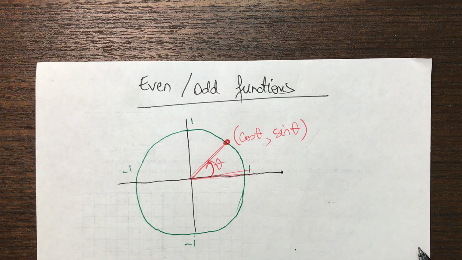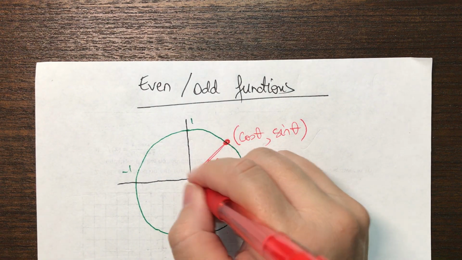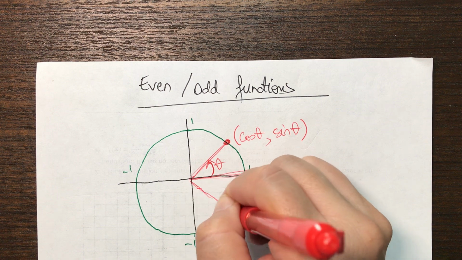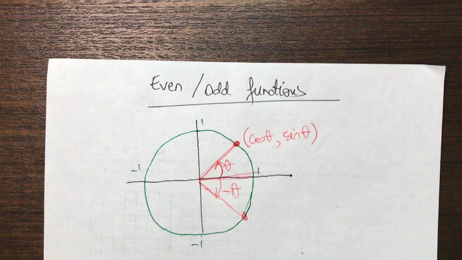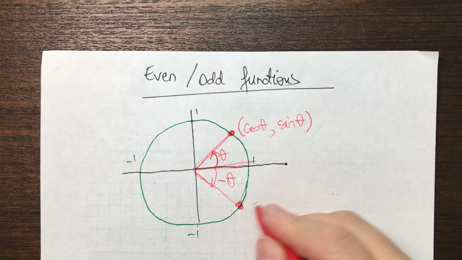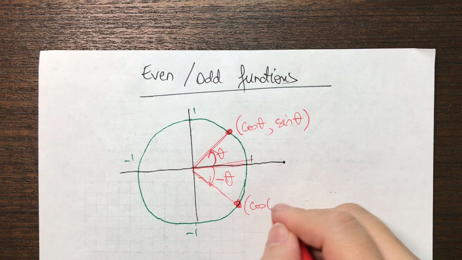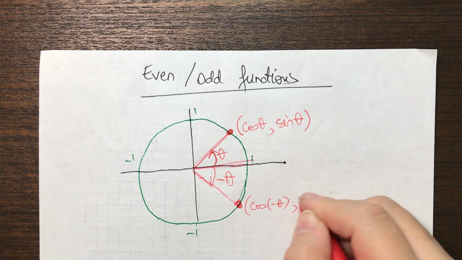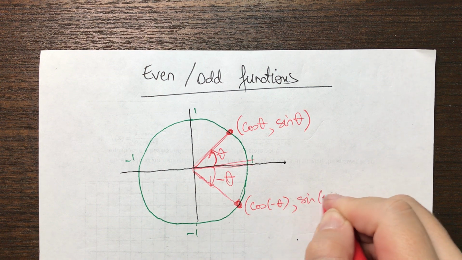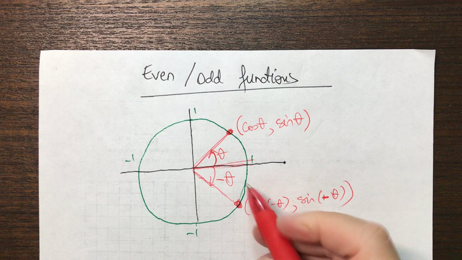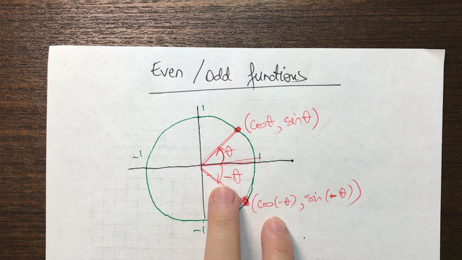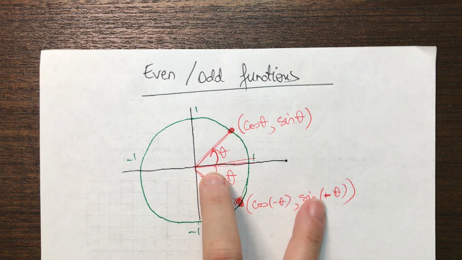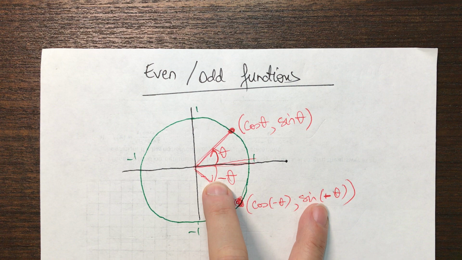What happens if you go in a negative direction by the same angle theta? So negative theta, I'm still going to end up with cosine of negative theta and sine of negative theta, right? My angle now is not theta, but negative theta, but wherever I end up on the unit circle, the x-coordinate is the cosine value of this angle, and the y-coordinate is the sine value of this angle.